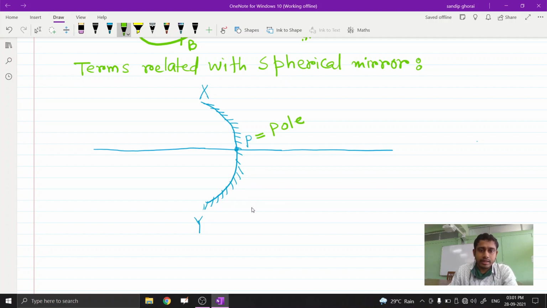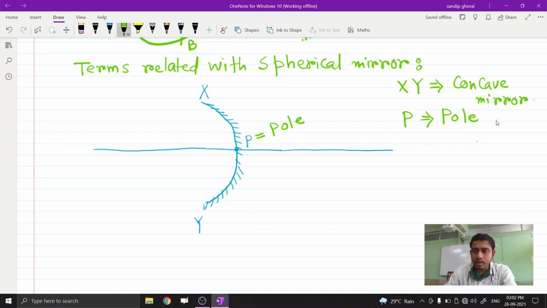Here XY is the concave mirror, and P is the pole of the concave mirror. This imaginary line, named AB, passes through the pole. This line is called the principal axis.